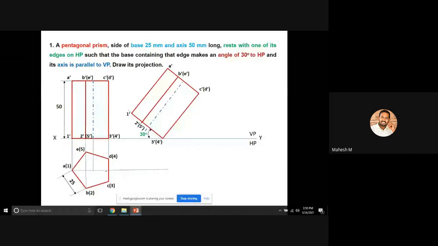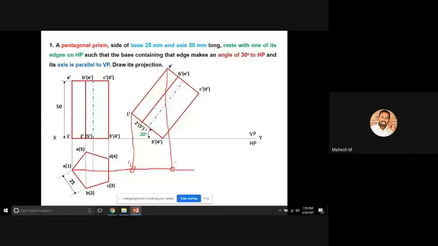Similar to that, you'll have a vertical line from 1 and a vertical line from A, so you can create a point. This point can be marked as 1 1, and this point can be marked as A1.